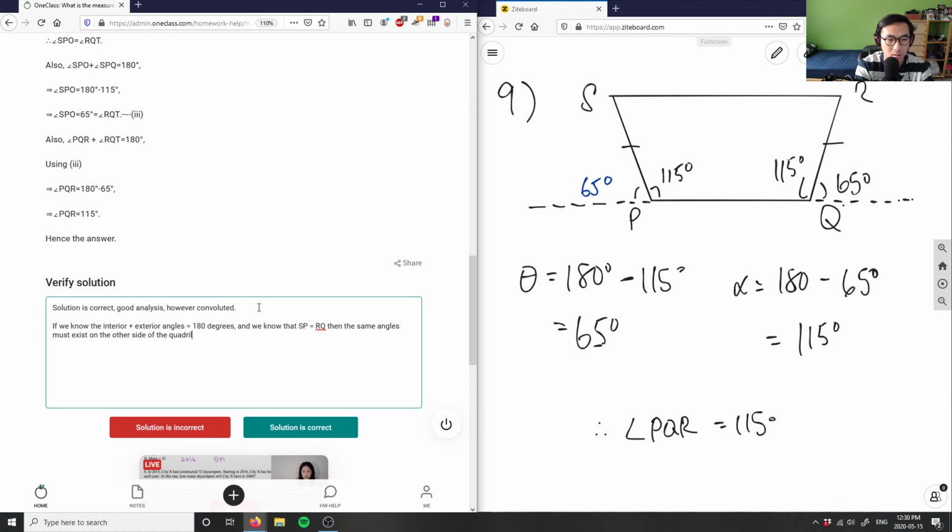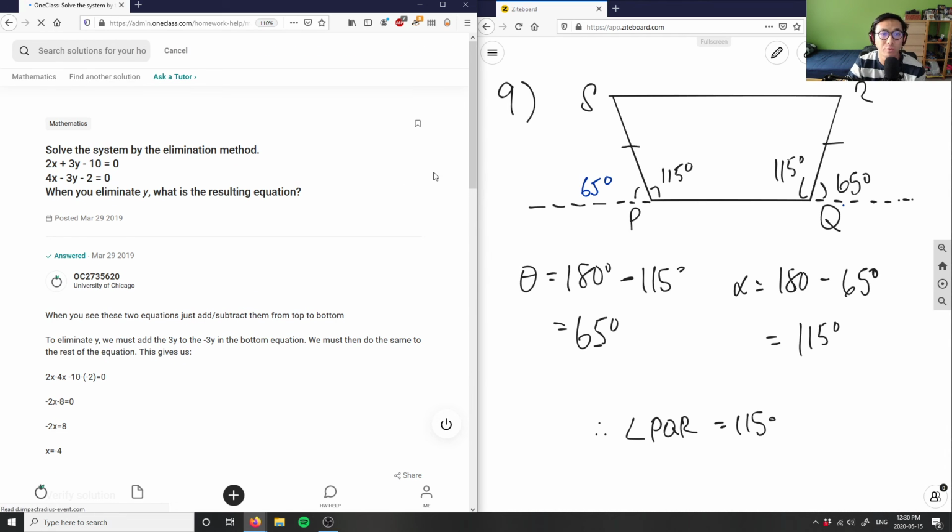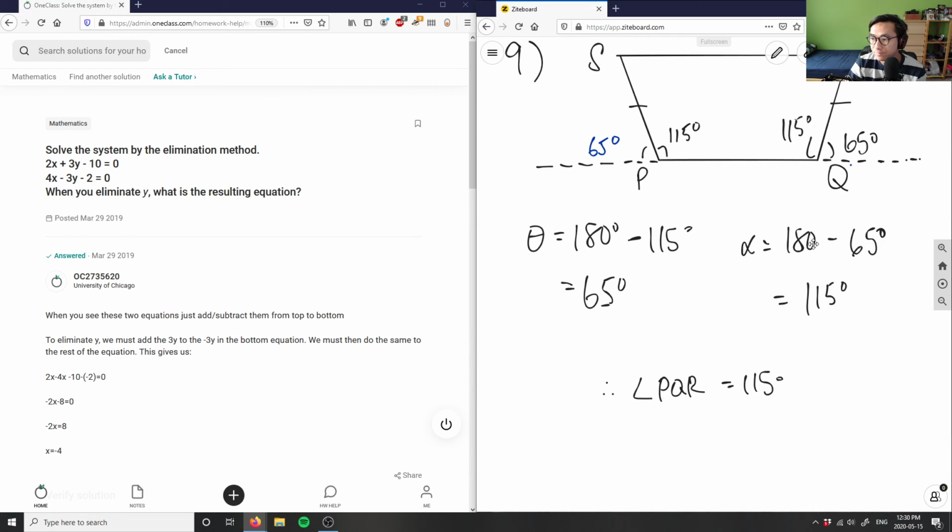So therefore you can say angle PQR equals 115 degrees. So I'm going to say the solution here is correct, but again, a very, very convoluted way of solving this problem.